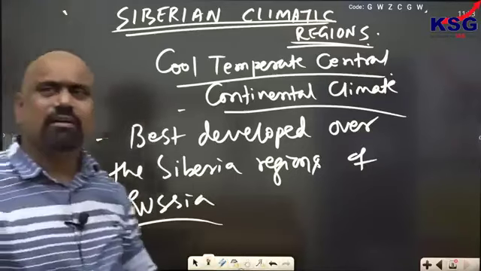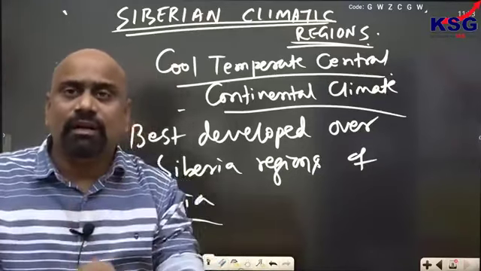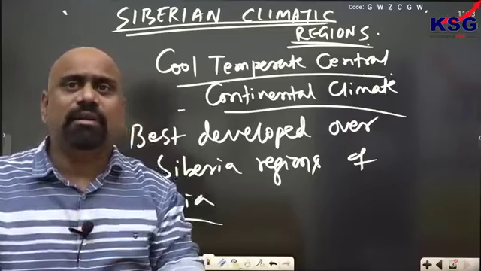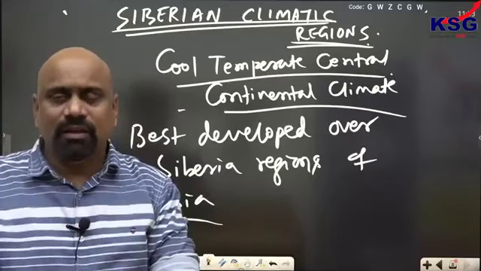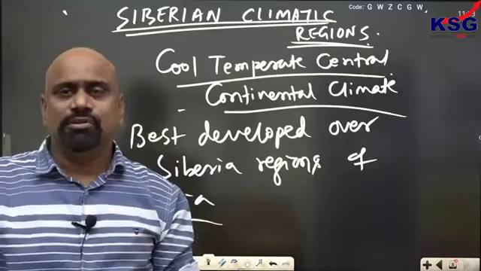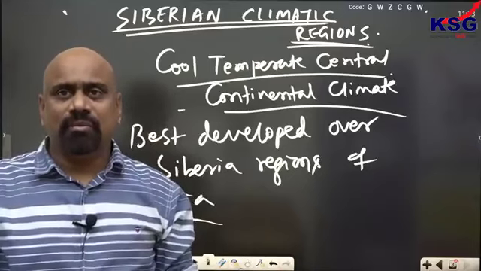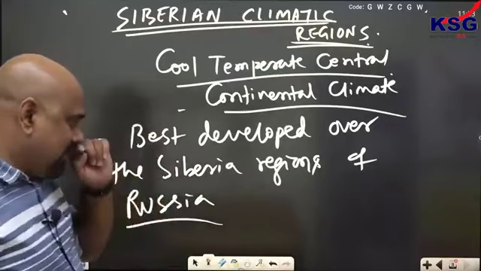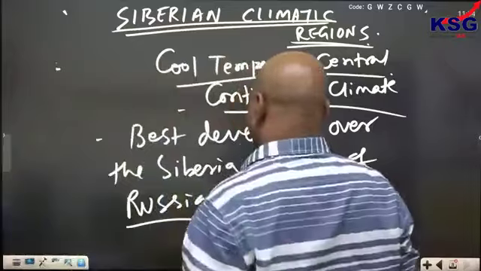If there is the maximum influence of continentality, it is in this climatic region. I mean, there is no influence of the ocean in this type of climate. Okay, let us see where you will get this.